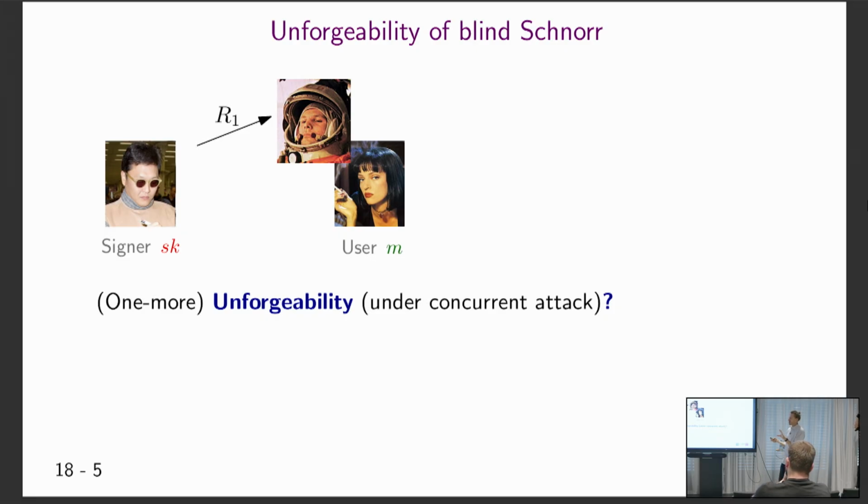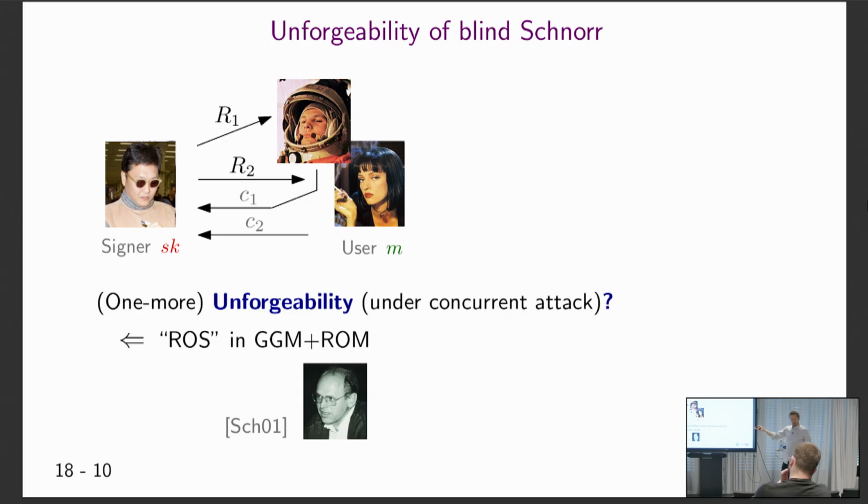Then the signer cannot just wait until Yuri replies before ever opening a new session, because otherwise he would be susceptible to a denial of service attack very easily, right? So we need the signer to be able to open many sessions in parallel, and that means that the security notion needs to reflect this. And so in the game where an adversary wants to forge a signature, we also need to allow the adversary to open many signing sessions in parallel.